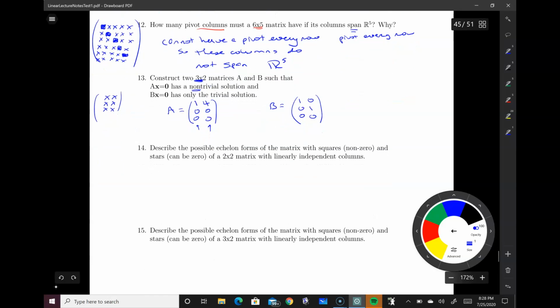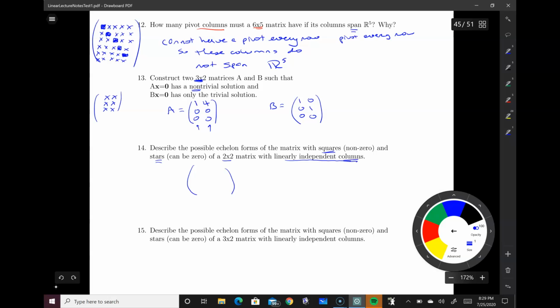All right, so let's look at this next one. I want the different echelon forms, so that gets us back to the stars and squares of 2 by 2 matrices, where they're linearly independent columns. Remember, the squares are non-zero and the stars can be 0.